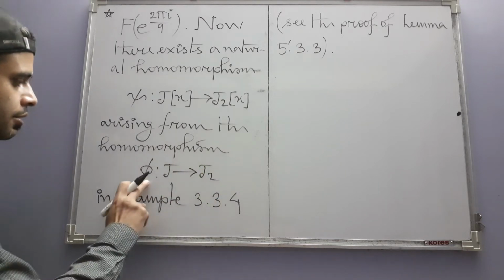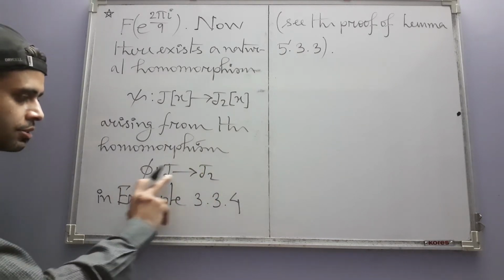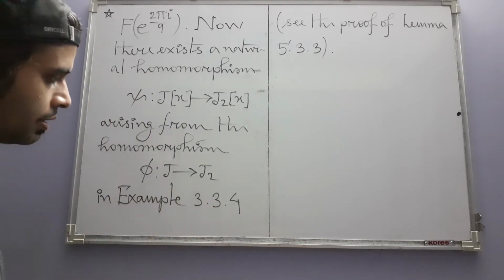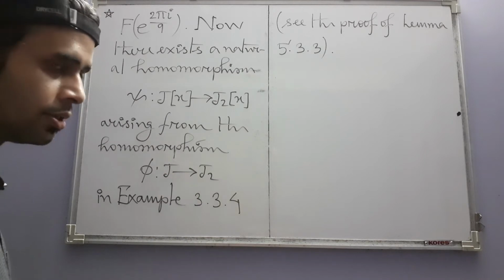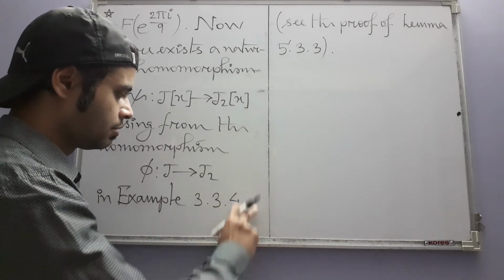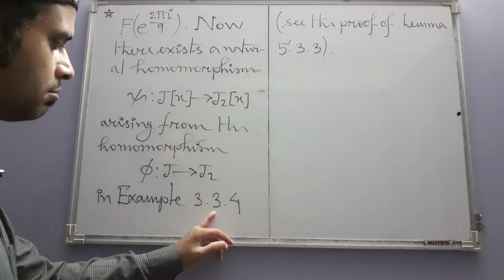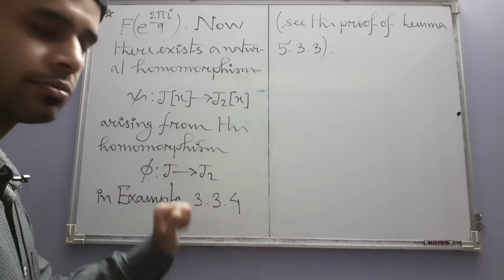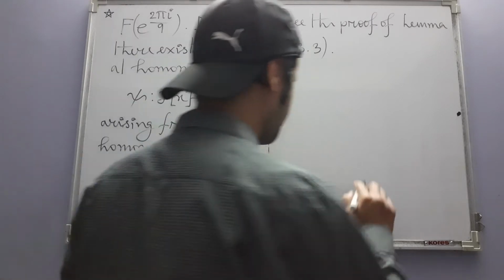Let me just first of all tell you about this function phi, which we have already seen in example 3.3.4. This is the third section of the chapter on rings, and there we have this example.